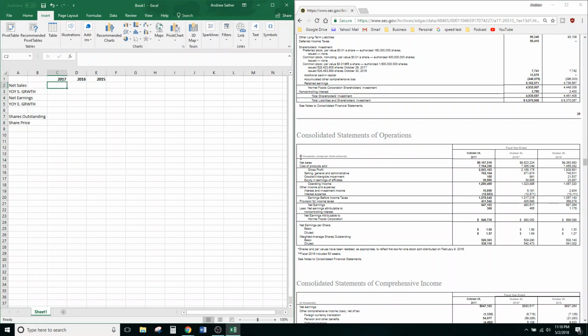Let's fill these numbers out. I'm just going to convert this into millions. So if you're wondering why I'm ignoring the last three, that's going to be why. It's just going to make it simpler. So let's go ahead and put this stuff in.